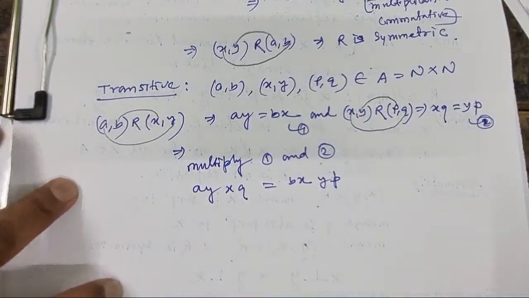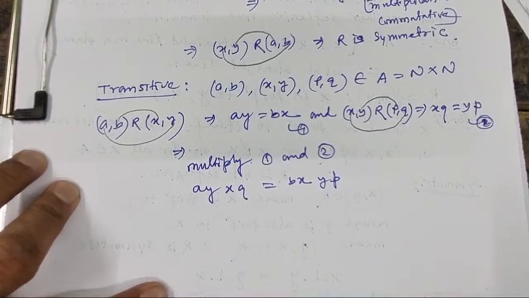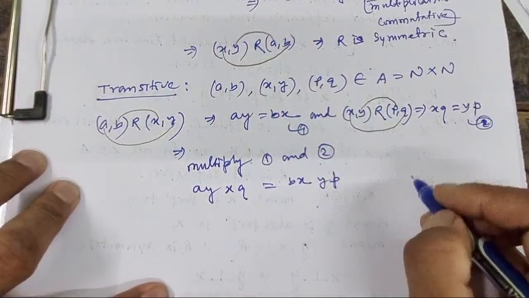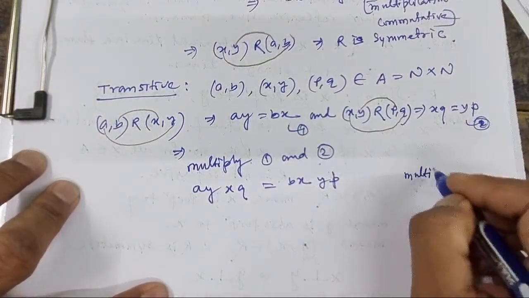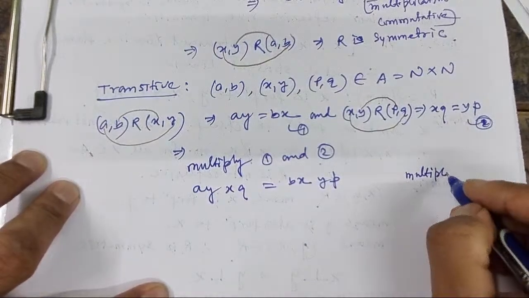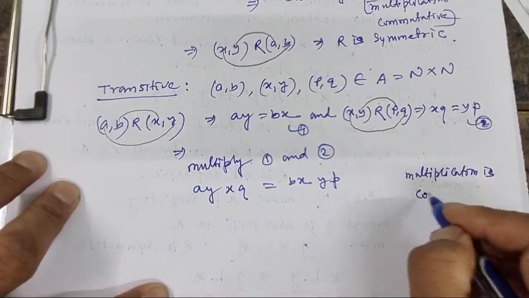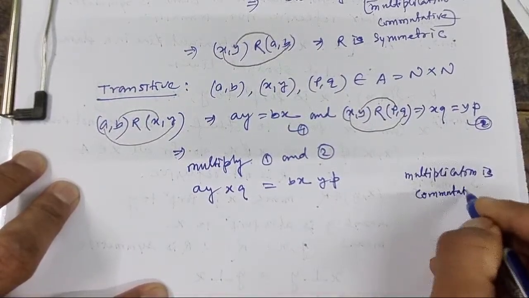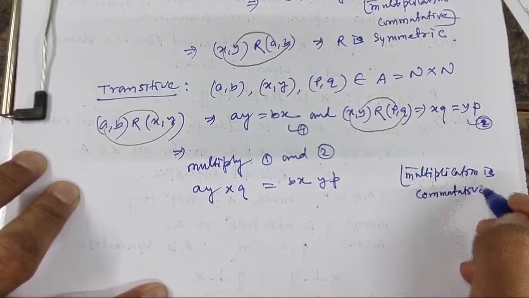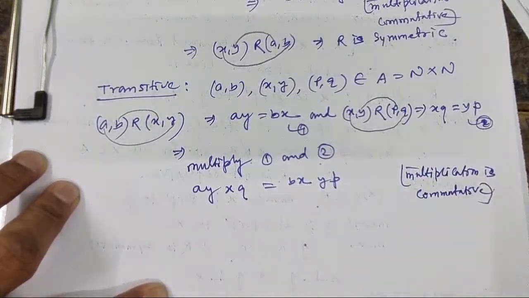Can I write that? Sure. Look here, multiplication is commutative, so we can cancel yx and xy.